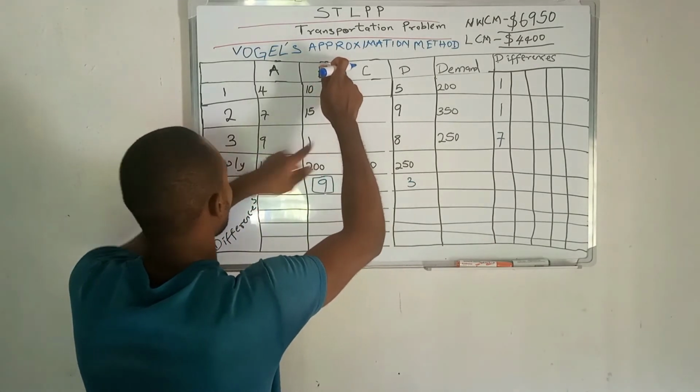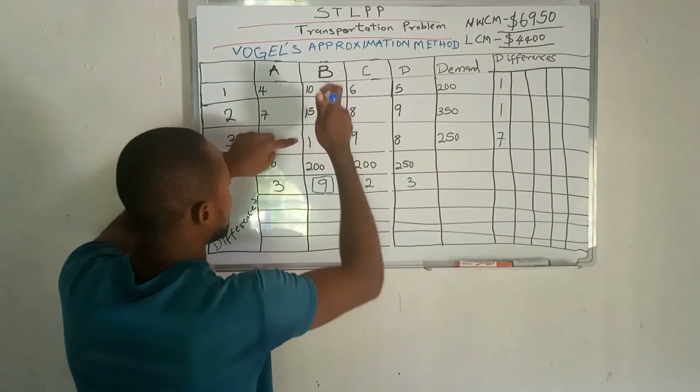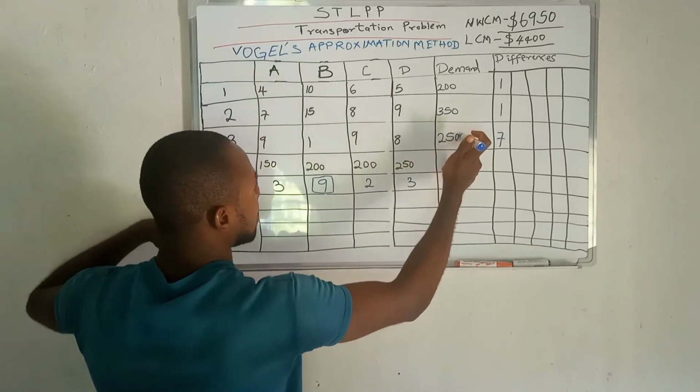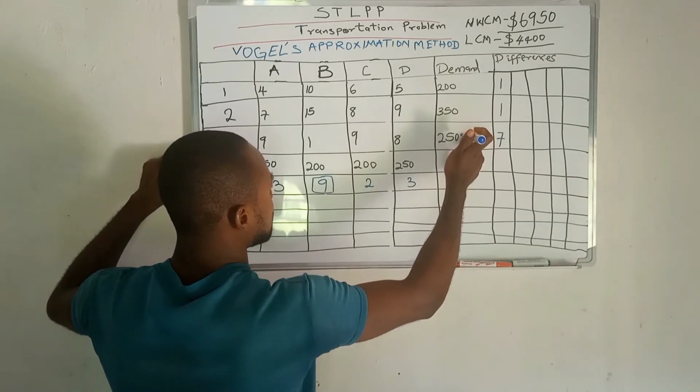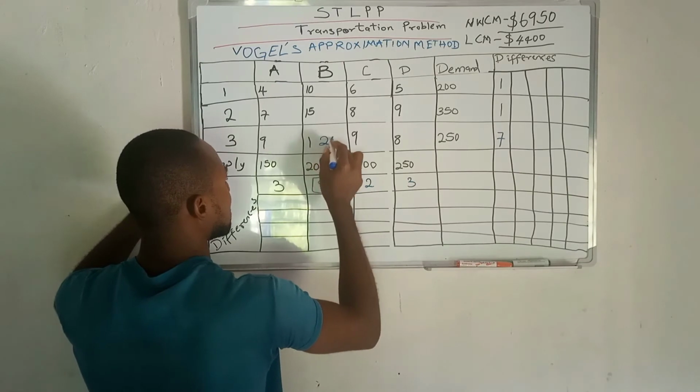So we have unit B, and we are supplying to the third store here. In unit B we have 200 goods, and the third store is demanding 250 goods. So we supply 200 goods to this place through this route.